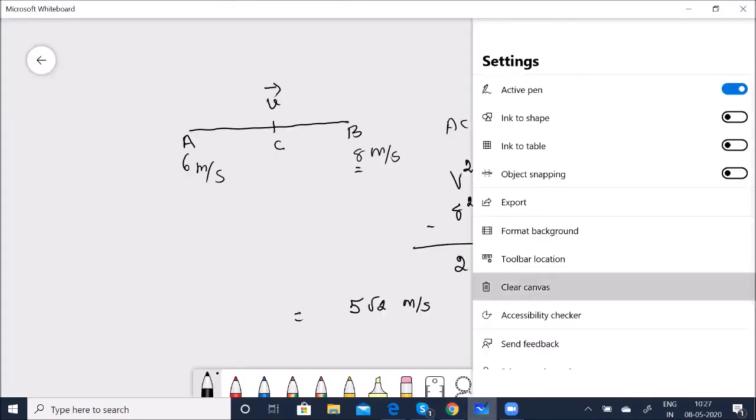Again, we can use the equation V squared minus U squared is equal to 2AS. Here U is being asked. Given V is equal to 5 meters per second and S is equal to 10 meters. And A is given as minus 10 because it is a retardation. So you're taking it as negative 10. Okay.